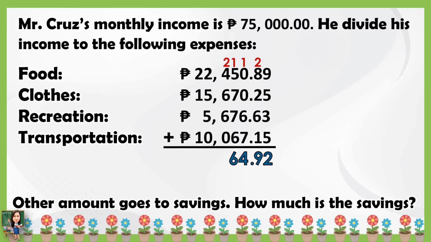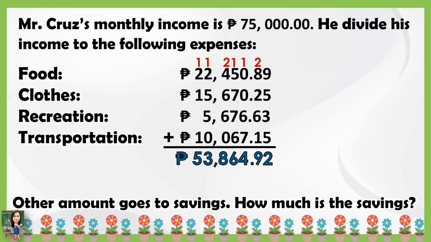Carry up 2. 2 plus 4 plus 6 plus 6 equals 18. Carry up 1. 1 plus 2 plus 5 plus 5 plus 0 equals 13. Carry up 1. 1 plus 2 plus 1 plus 1 equals 5. So the total expenses is 53,864 pesos and 92 centavos.